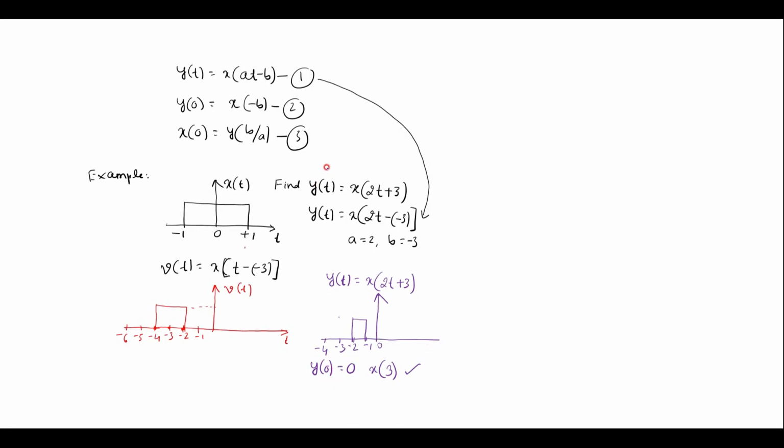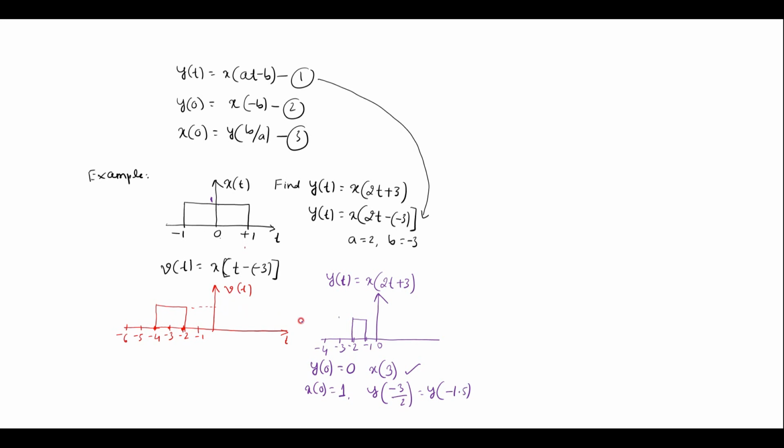Now we'll verify whether equation 3 will be satisfied or not. That is x of 0. The value of x of t at t equal to 0 is, say, 1. Therefore, I can write x of 0 is equal to 1, which should be equal to y of b by a. Here b is -3 and a is 2, which is y of -1.5.